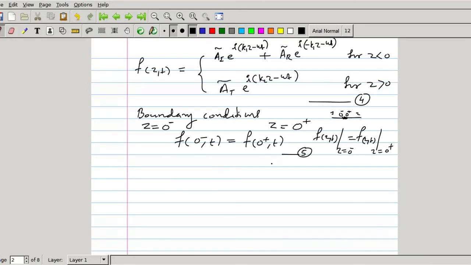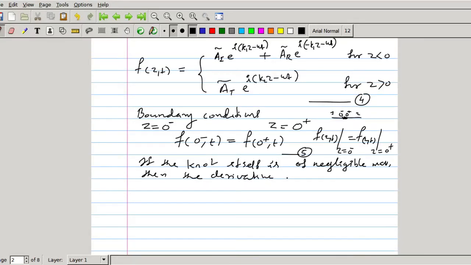The second boundary condition is that if the node itself is of negligible mass, if it is a massless node, then the derivative of f must also be continuous.